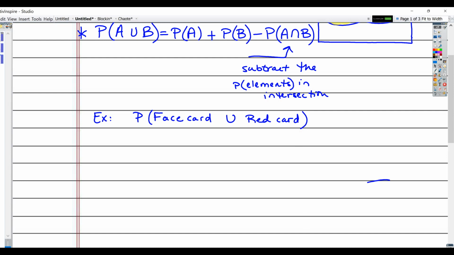Okay? So we're going to use our formula. That's going to be the probability of, and I'll just call this F. You all with me on that? And then I'll call this R. So I know the probability of F plus the probability of red, which is a red card. But I also need to subtract out the overlap.